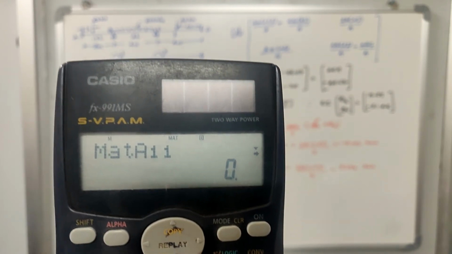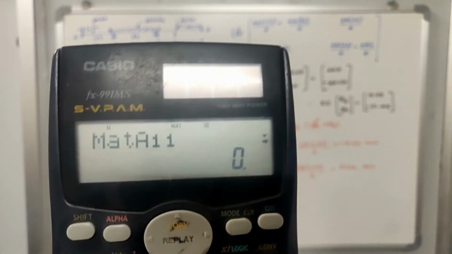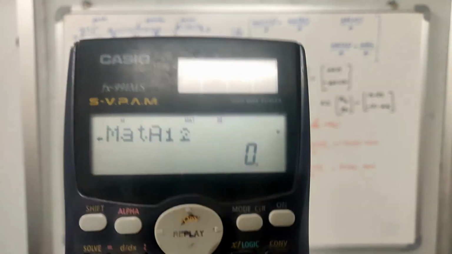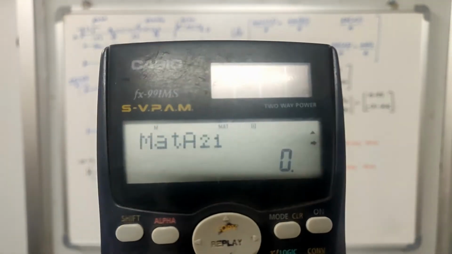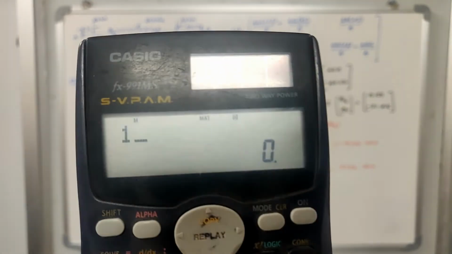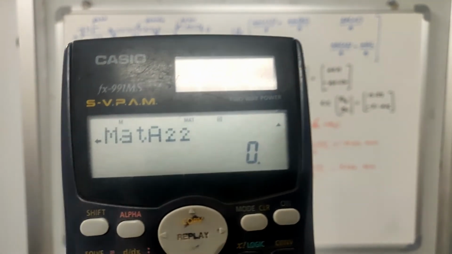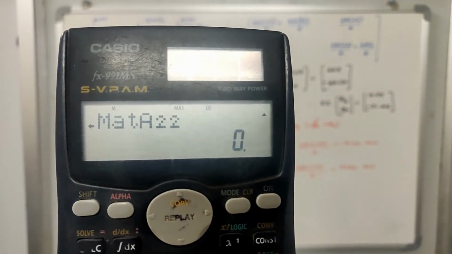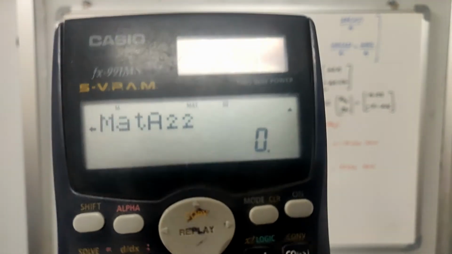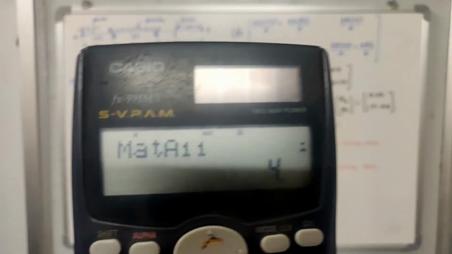So 4 is the value that I have to substitute here. Next is 1. K12 is 1, and K21 is also 1. Now let me substitute what is my K22. K22 will be 8 by 4 plus 1, which is 3. Okay, now this completes the first matrix.